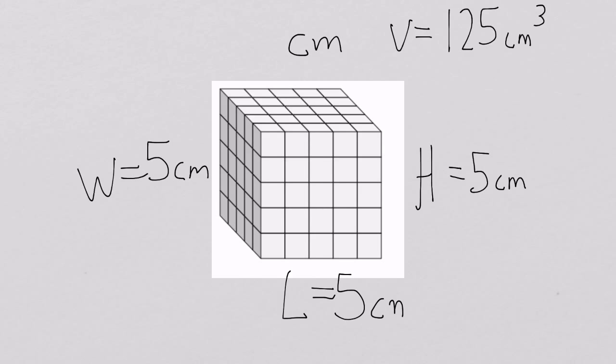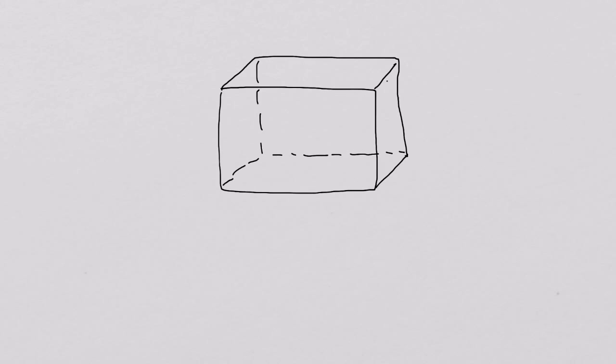Alright, I know this video is getting a little long, but you're going to try one more, and it's going to look a little different. So this time, our rectangular prism isn't made up of all those cubes, so we don't have anything to count. Now, thankfully, I'm nice, and I'm going to tell you our dimensions. Our length, right here, is going to be 8 meters. Our height, now I'm changing sides for the height because of how I drew it, but it's still the up and down line, so that's still going to be our height.